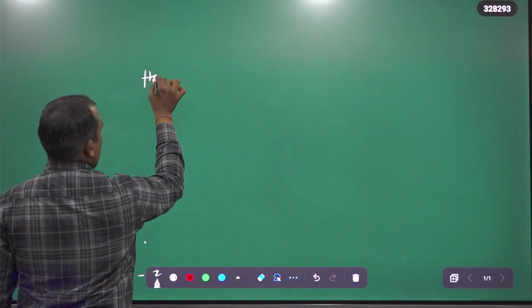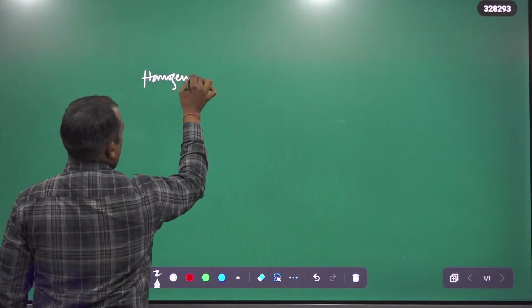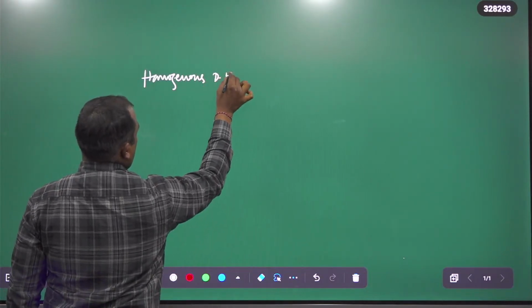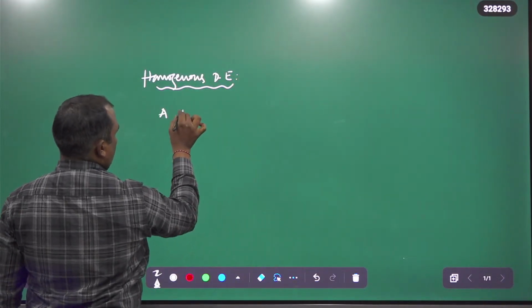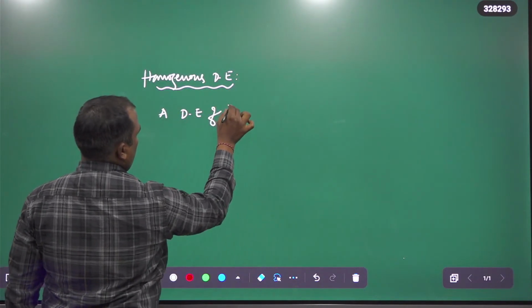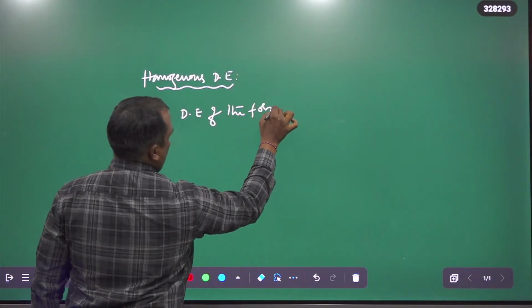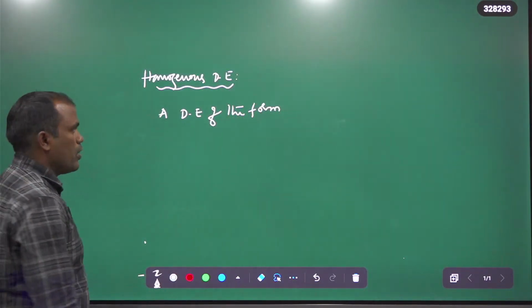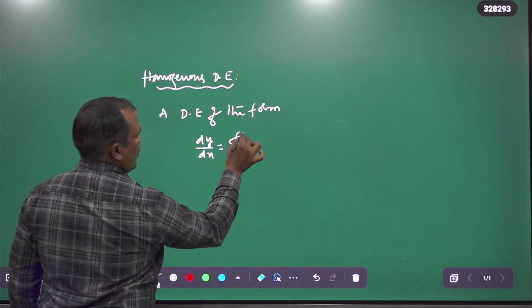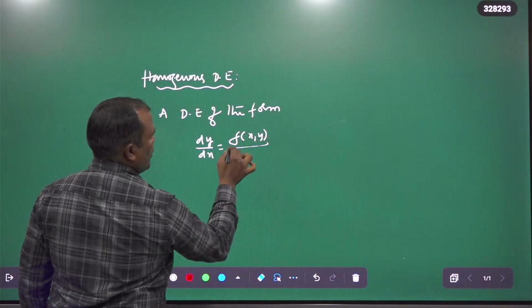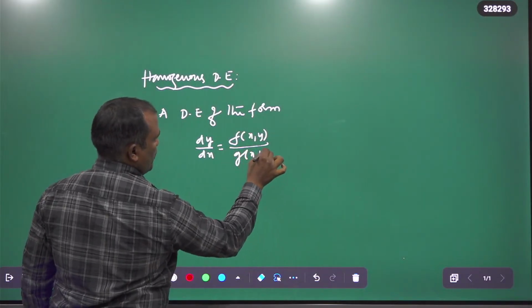Now homogeneous differential equation. A differential equation of the form dy by dx equal to f of x comma y by g of x comma y.